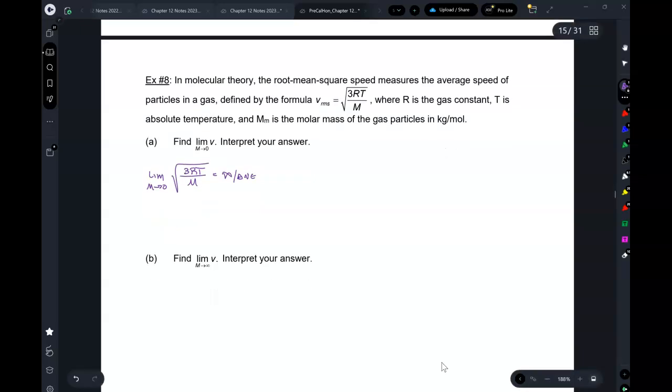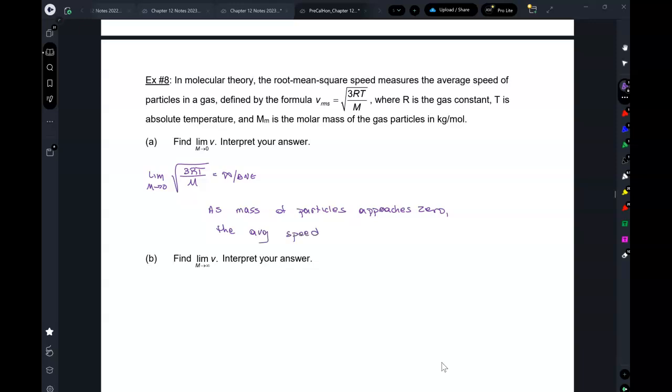So as the mass of the particle approaches 0, the average speed becomes infinitely large.